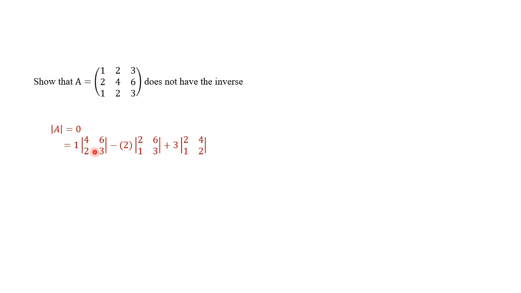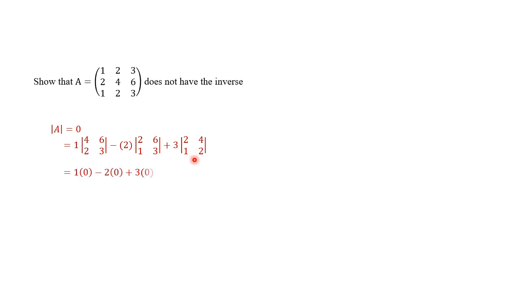We close the row of 1 and the column of 1, and we are left with 4, 6, 2, 3. Then minus B. Our B is 2, so we close the row of 2 and the column of 2, and we are left with 2, 6, 1, 3. Then we go to 3 again, plus 3, and we have 2, 4, 1, 2.